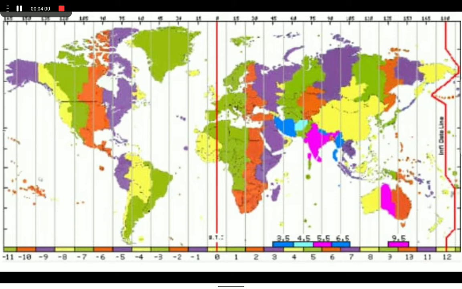When the prime meridian at Greenwich has the sun at the highest point, all the places along this meridian will have midday or noon. The places east of Greenwich will be ahead of Greenwich time, while the places to its west will be behind it, because the earth rotates from west to east.